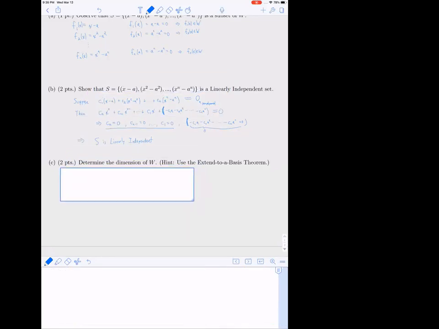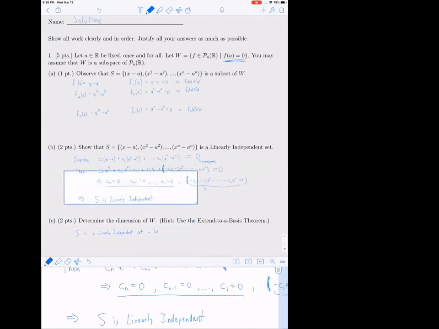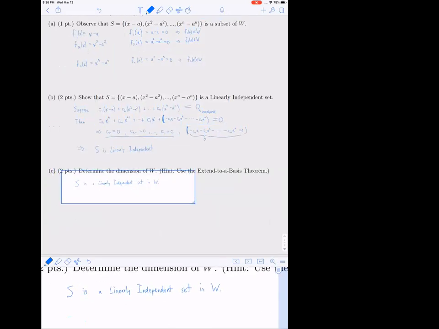All right, so finally, the thrust of this problem, the part that actually requires some additional insight, some new information, like the extend to a basis theorem: determine the dimension of W. So let's observe that S is a linearly independent set in W, because we directly observed in part A that S is a subset of W. So this is a set of vectors in W, but it's linearly independent.